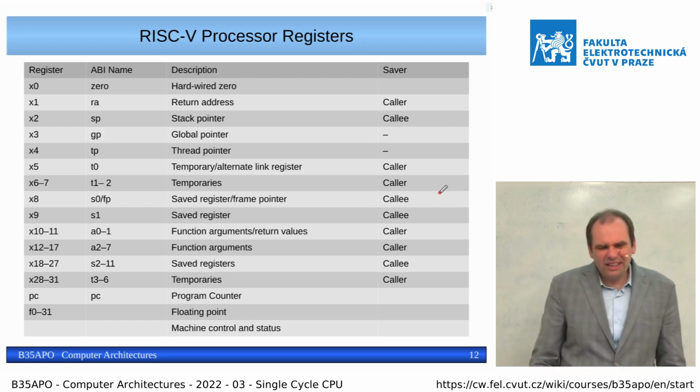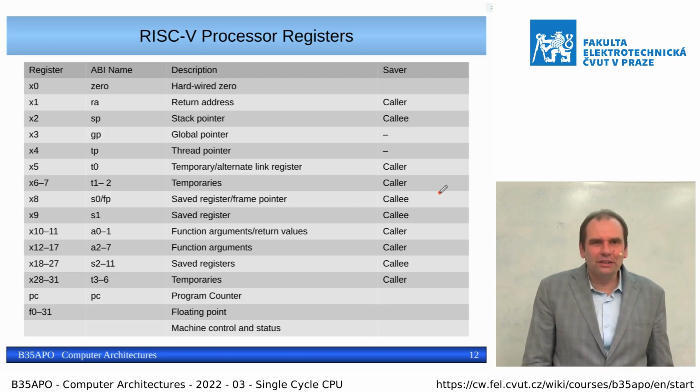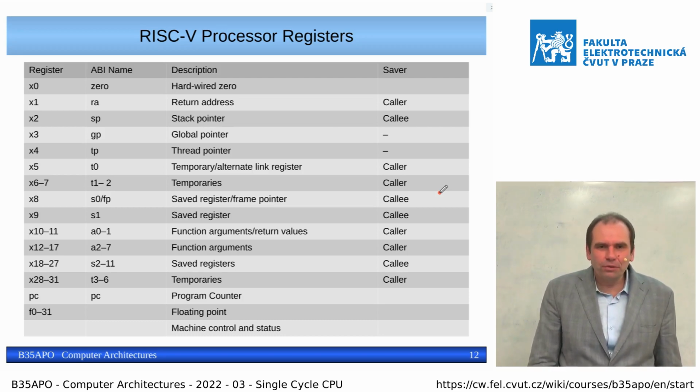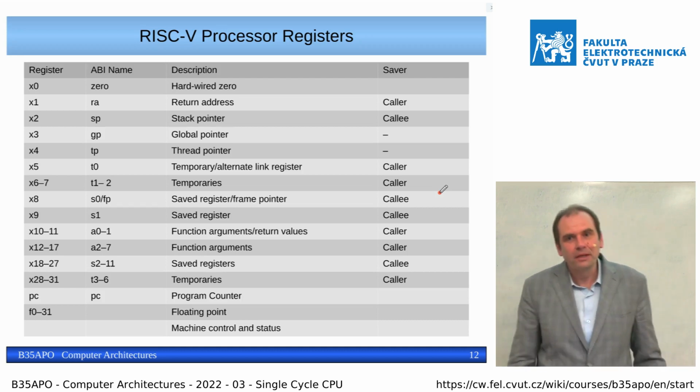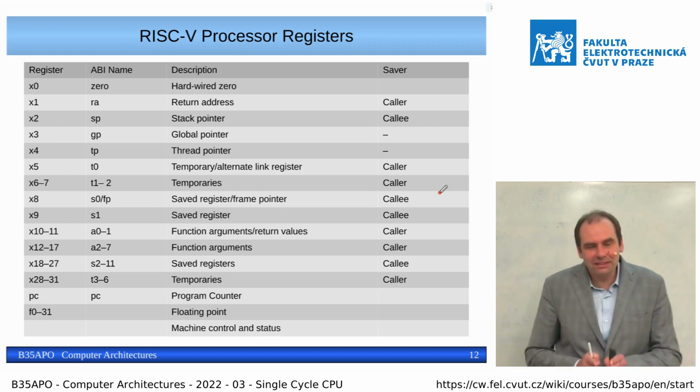And the question is what is the organization of the memory. Most of today's processors allow accessing the memory on a byte basis. Byte is quite useful for accessing and processing text information and so on. So they have byte access to the memory.